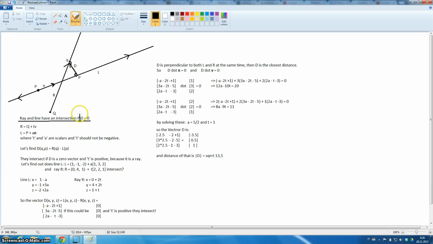When it is a zero vector, and the segment is 0, then they intersect.